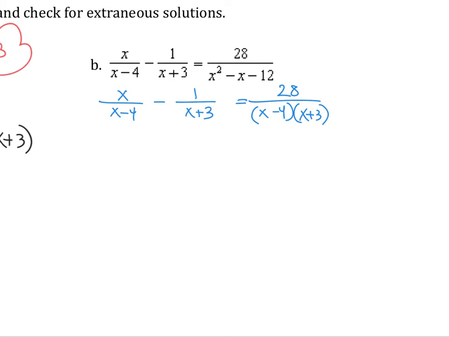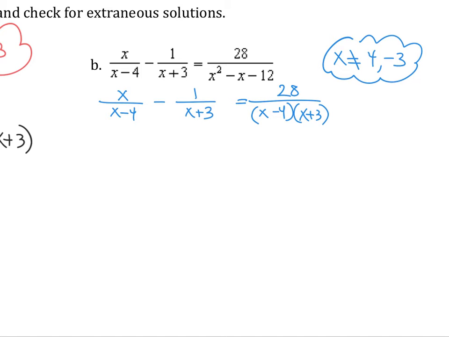So if you look at the first fraction, what makes that undefined is when x equals 4, you would have 4 divided by 0, which is undefined. In the second fraction is negative 3. If you plugged in negative 3, you'd have 1 divided by 0, which is undefined. And in the third fraction, with either one, you would have 28 divided by 0. So we just have to make sure if we get either one of those answers in the end, we can't include them in our solutions.